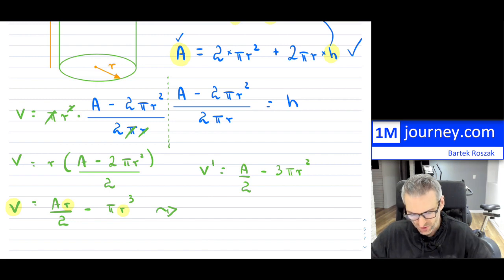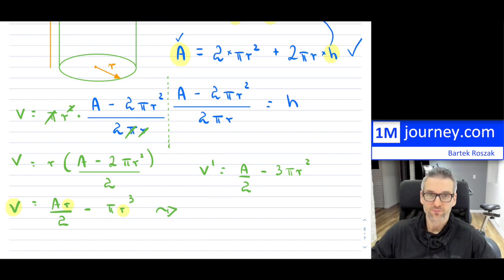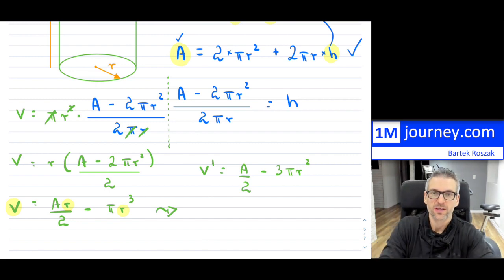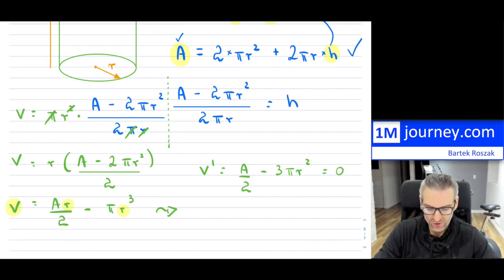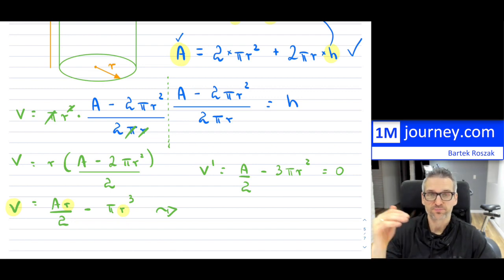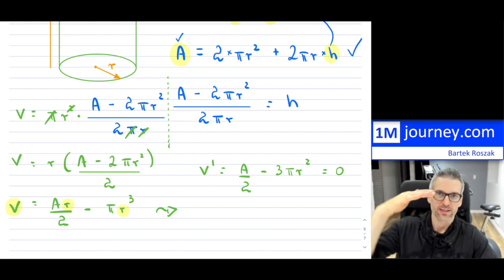That's my first derivative. Now, if you recall from finding local maximums and local minimums, if you set this derivative equal to 0, what you're looking for is where the tangent is flat.